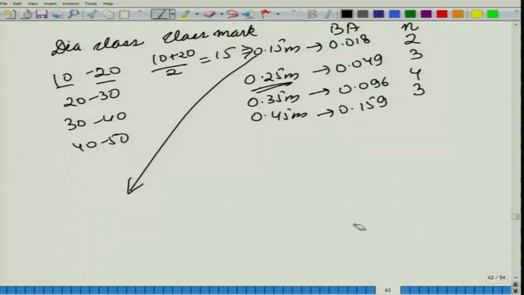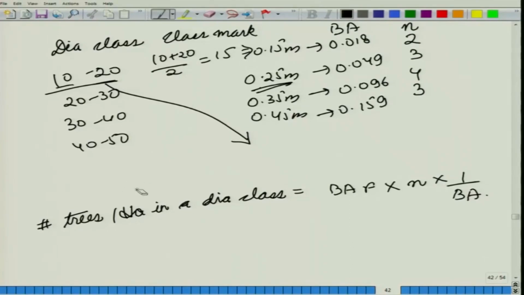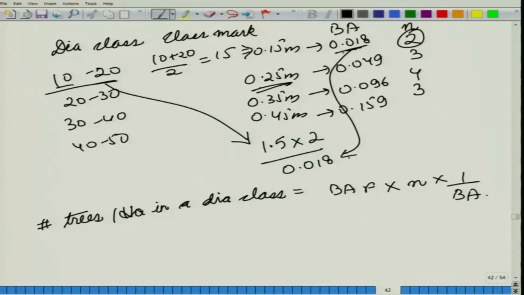We know that the number of trees per hectare in a diameter class is given by BAF times the number of trees multiplied by 1 upon the basal area. So, for this diameter class the BAF is 1.5, that is given, multiplied by 2 divided by 0.018, that is the basal area we get from here.